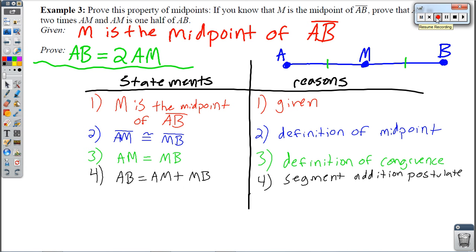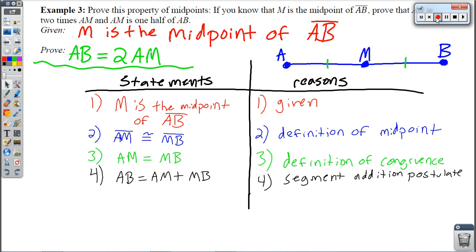So there we have it said that the length of AB from A all the way over to B is equal to those two pieces that it's cut into added together. We take the distance from A to M and the distance from M to B, add those together, and we get the distance from A to B. Again, that's the segment addition postulate, telling us that if we add segments together, we get the length of the entire combined segment.